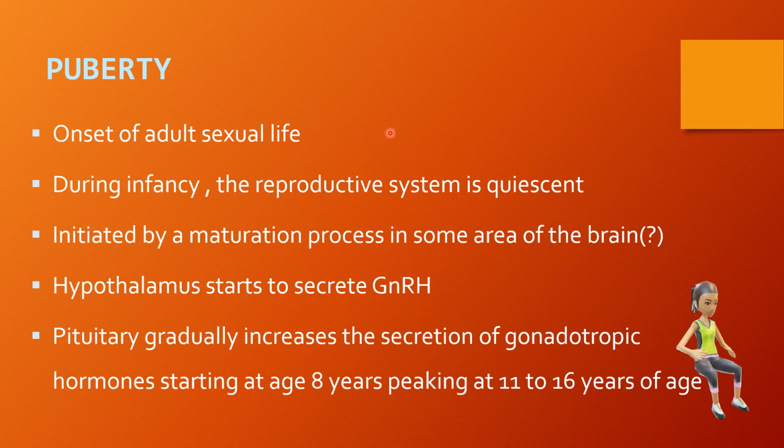It starts when the hypothalamus suddenly starts secreting gonadotropin releasing hormone. Then later on, with the action of gonadotropin releasing hormone, your pituitary will gradually increase the secretion of gonadotropic hormones like your LH and your FSH at around 8 years, peaking at 11 to 16 years of age.